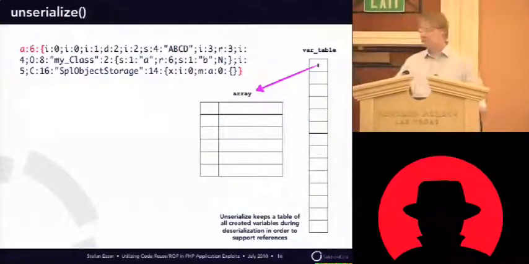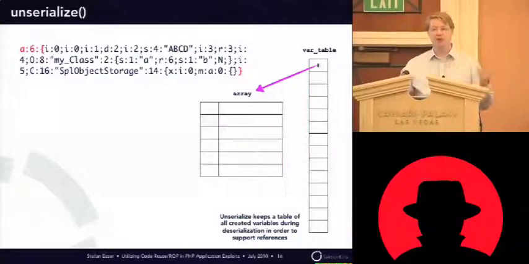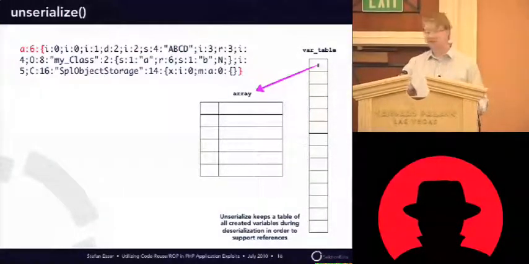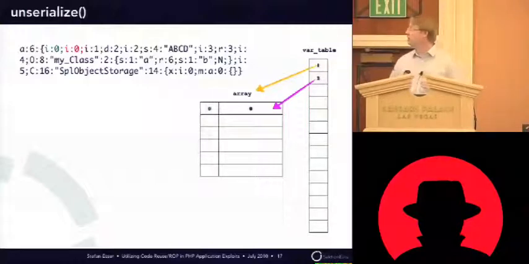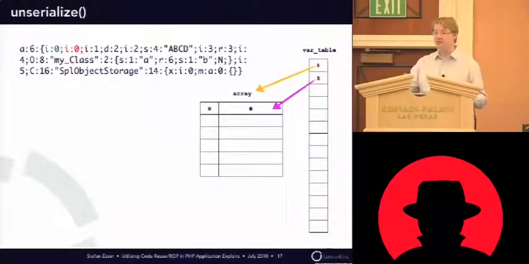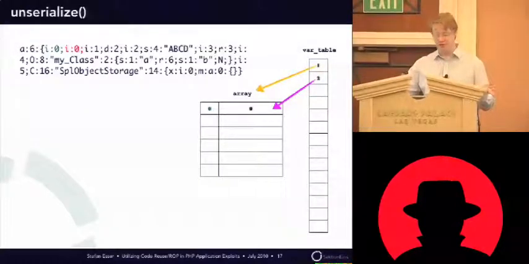This example starts with unserializing an array. This array is supposed to have 6 elements, and so you see PHP creates an array with 6 elements. Then it continues and creates all the content of the array. The first thing is the key, an integer 0, and the value is an integer 0. So it will insert it in the first slot of the array, and you see that the variable table is already filling with the array and a pointer to the first entry.